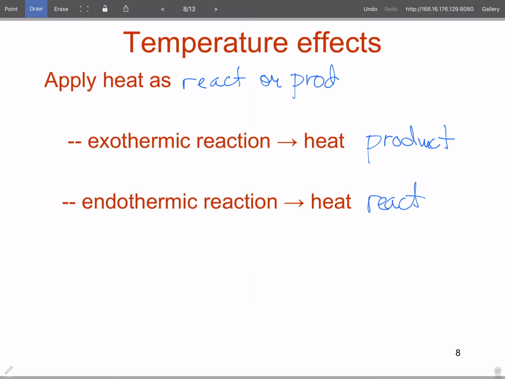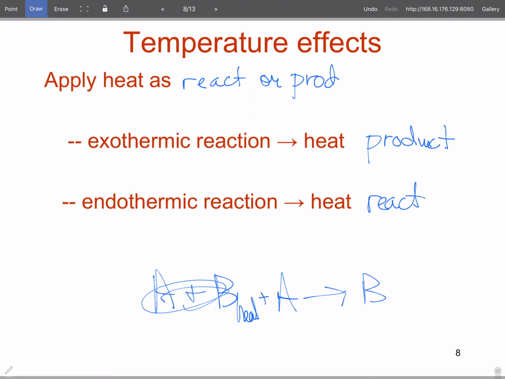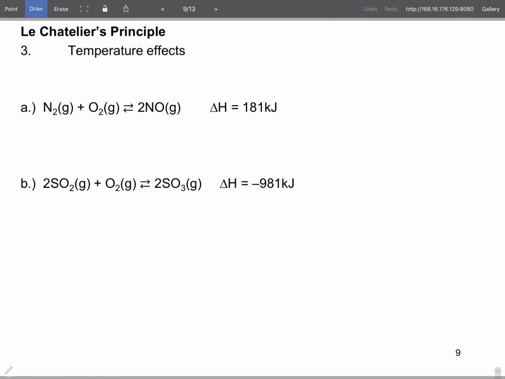So if you put it in as a reactant or product, so A plus B yields 2B, and it's an endothermic reaction, you'd put in heat or temperature. Or if it's exothermic, you'd put it over here. And then you just treat it as a reactant or product. It actually makes life a little bit easier. So again, in this particular case, I always ask somebody up or down.